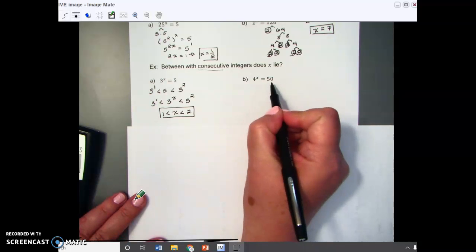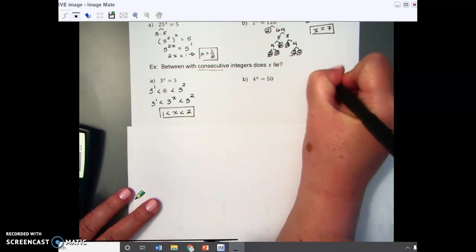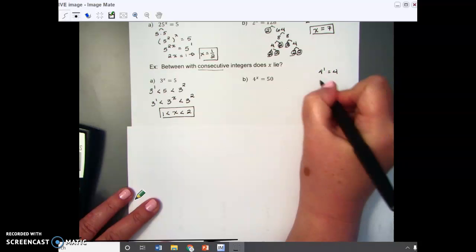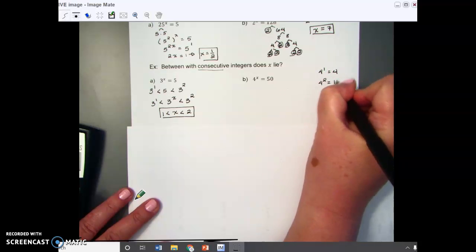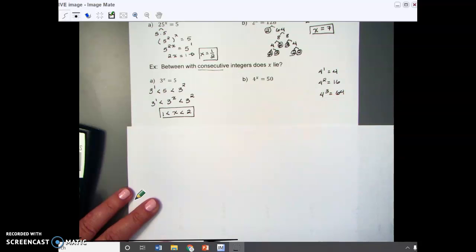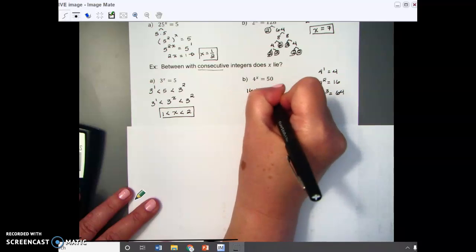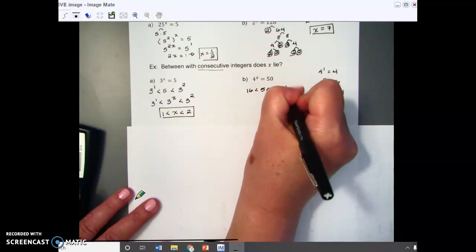So looking at B, we're talking about 4 to the x power equaling 50. So we've got 4 to the first is 4, 4 to the second is 16, and 4 to the third is 64. So do we recognize that 50 falls between 16 and 64?